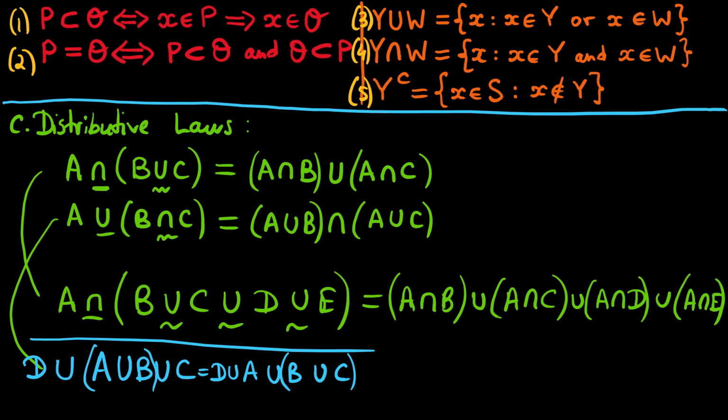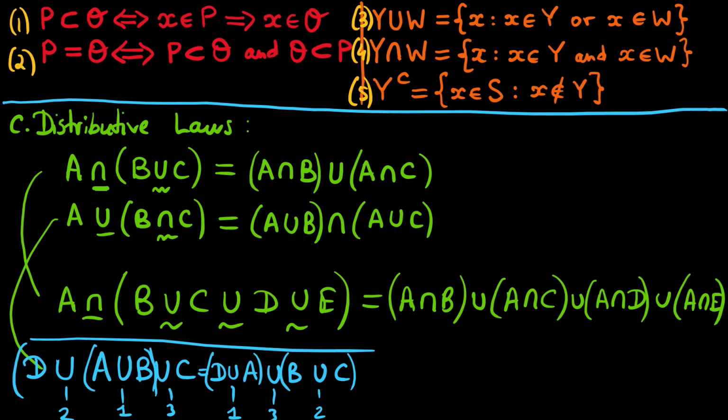So we could put the parentheses here, meaning we're going to do this one first, this one second, and this one third. And here we can do whatever order we pick. Maybe we want to do this one first, and then this one second, and this one third. We'll get the same thing.